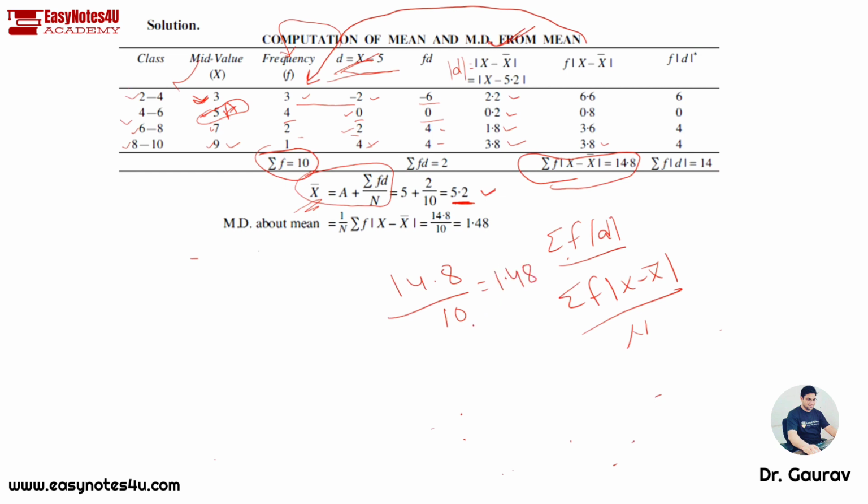1.48. And coefficient निकालोगे तो मीन डेविएशन, ये हमारा मीन डेविएशन फ्रॉम मीन है, तो उसका फॉर्मूला कोफिशिएंट का क्या आएगा, मीन डेविएशन फ्रॉम मीन इज इक्वल टू मीन और एक्स बार. तो मीन डेविएशन फ्रॉम मीन 1.48 डिवाइड बाय मीन वैल्यू इज द 5.2.